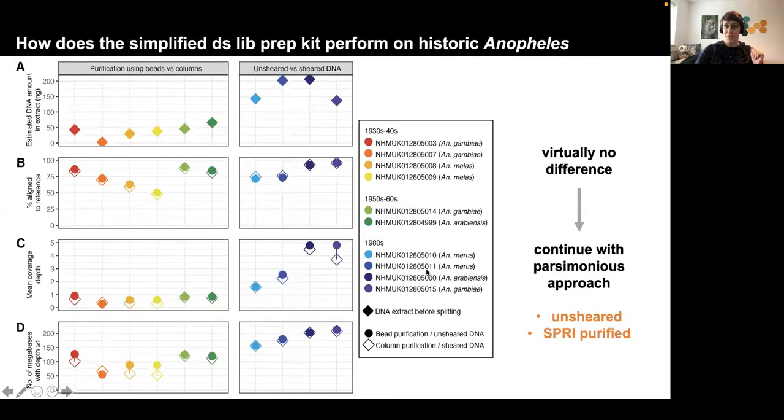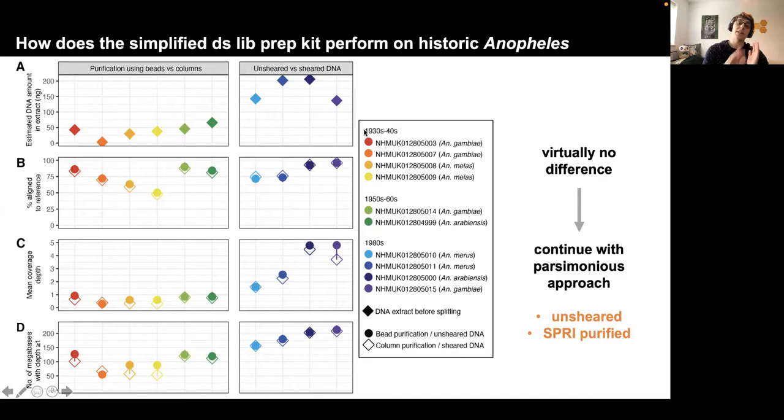And so now we get to the first data plots. Like I said, the left side is samples that had short DNA. And so we split them in half after library prep. 1 half was purified by SPRI beads. The other half was purified by columns.